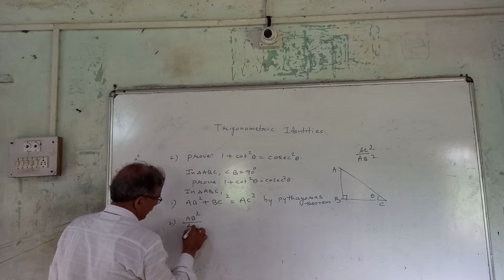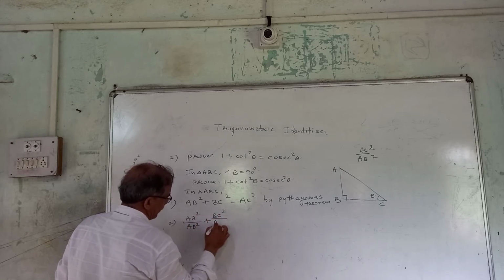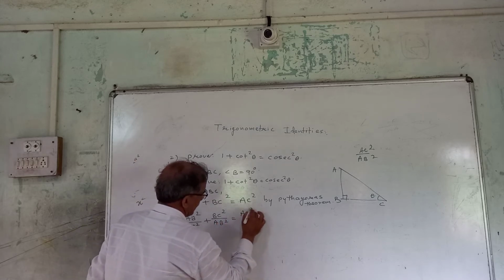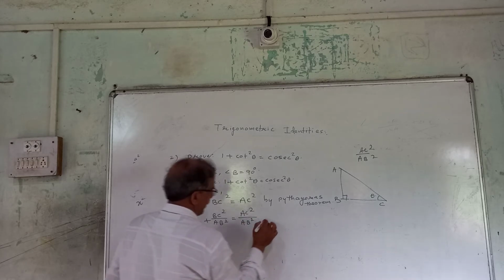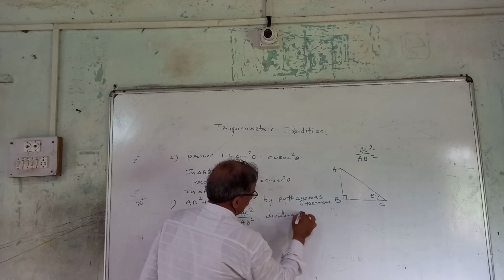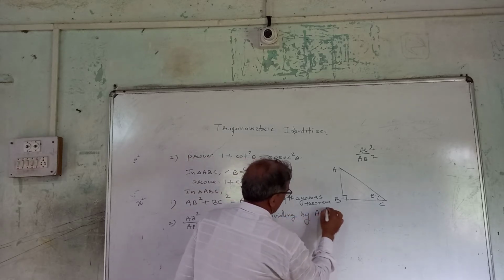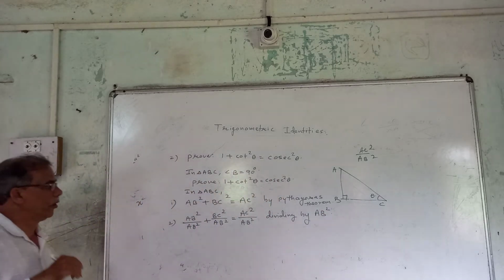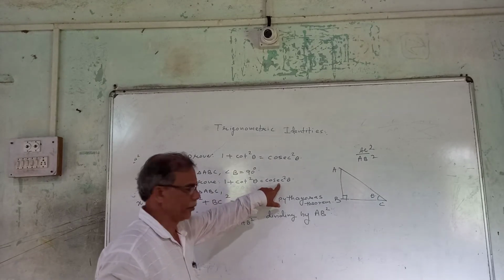So now AB square upon AB square plus BC square upon AB square is equal to AC square upon AB square, dividing by AB square. So why we have divided by AB square, that only you should know, because here we have to get cosec ratio.